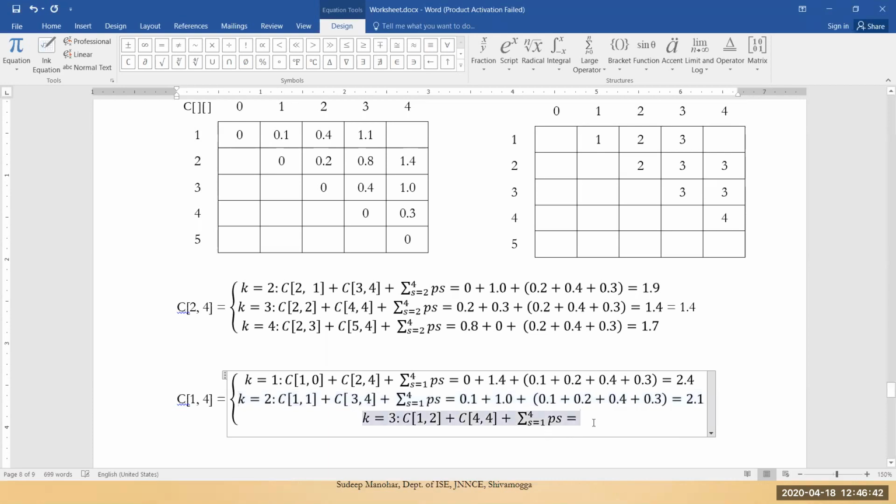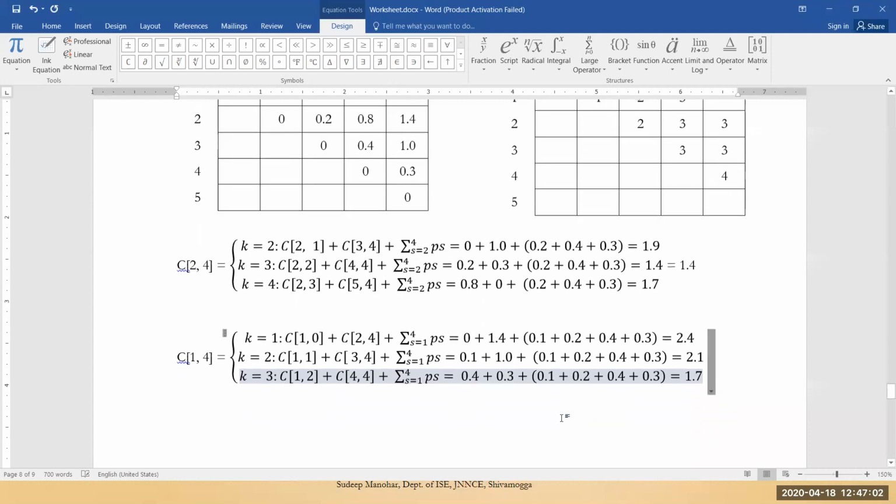Next, C of 1 comma 2 is 0.4 plus C of 4 comma 4 is 0.3 plus the probabilities. So what do you get? It is 1 plus 4 plus 3. It is 1.7.